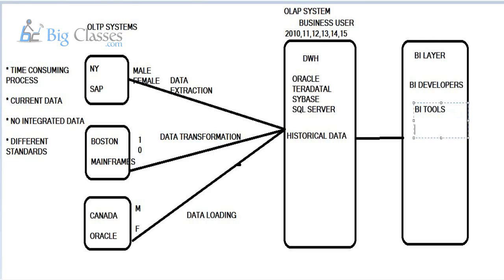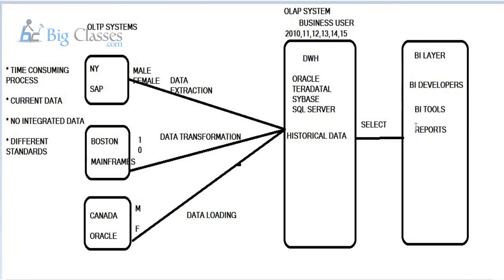Okay, so the BA developers prepare the reports by making use of the BA tools, and they send those reports to the business users so as to understand how the business is running.